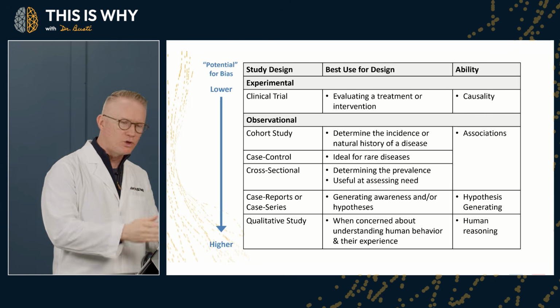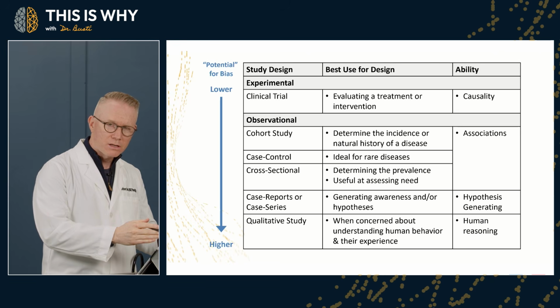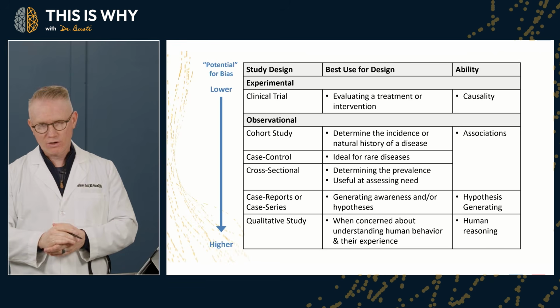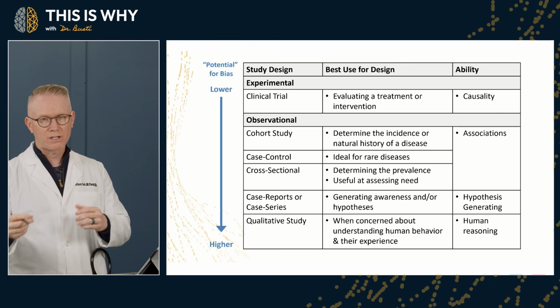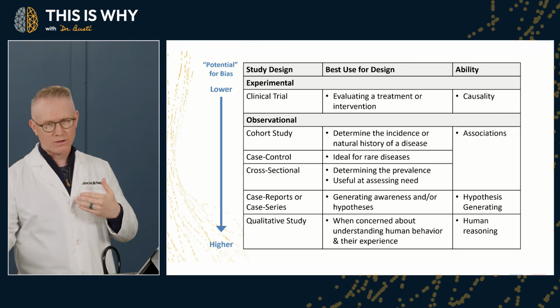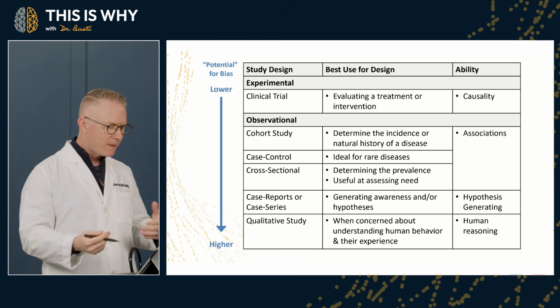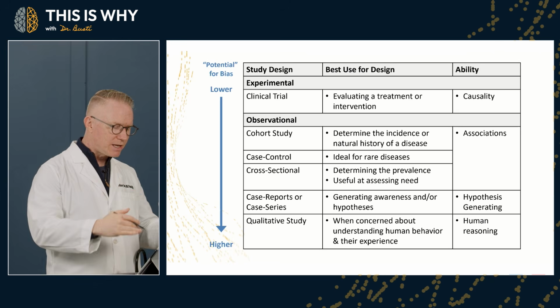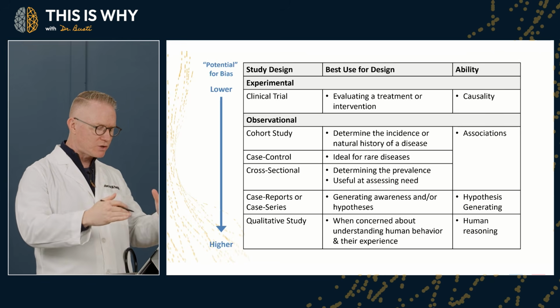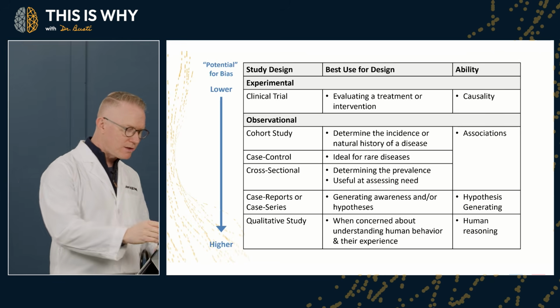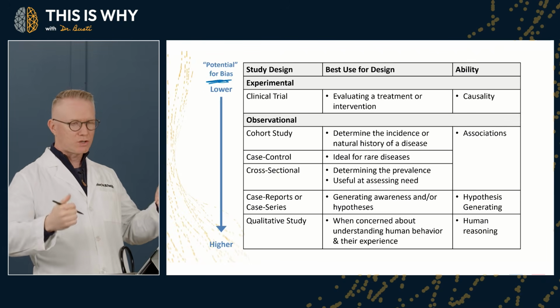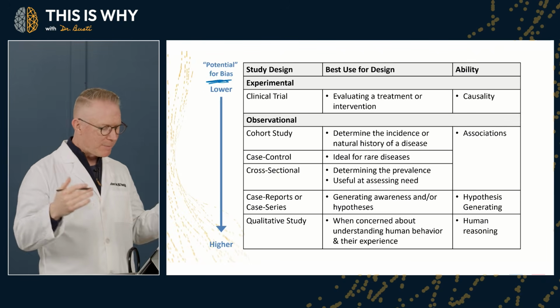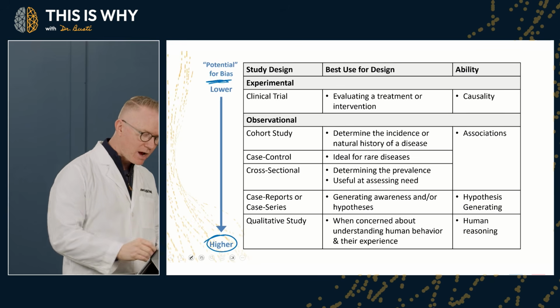Because it has to do with bias, systematic error that's being introduced that determines what the answer is in the results that we get compared to the actual truth, right? And so as you go down these study designs from experimental to observational and descriptive, you see that the risk of potential bias or systematic error starts to rise rapidly, gets higher and higher and higher.